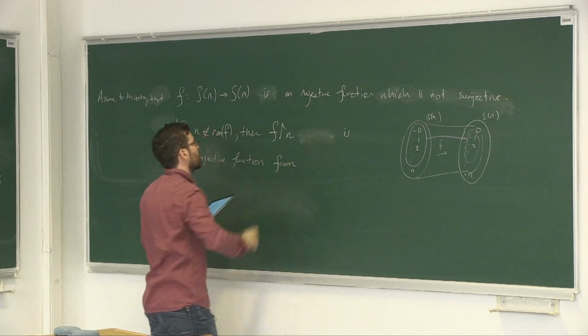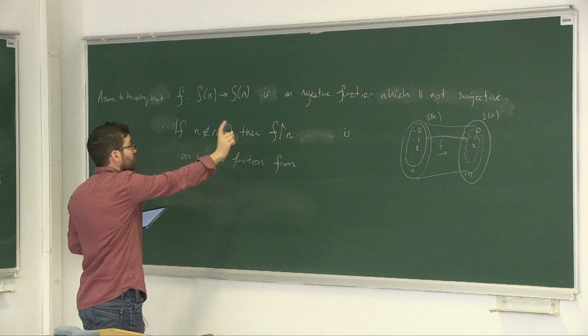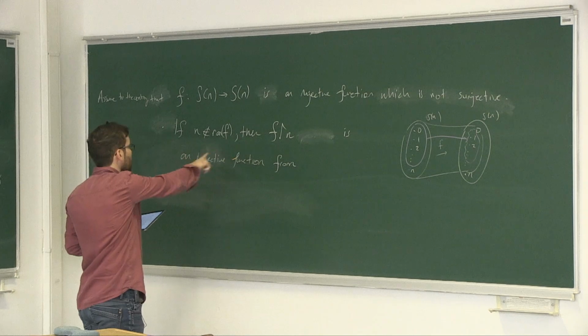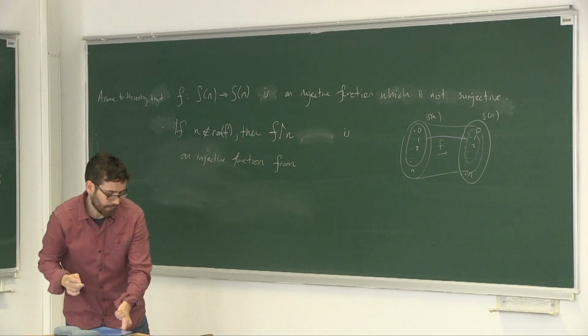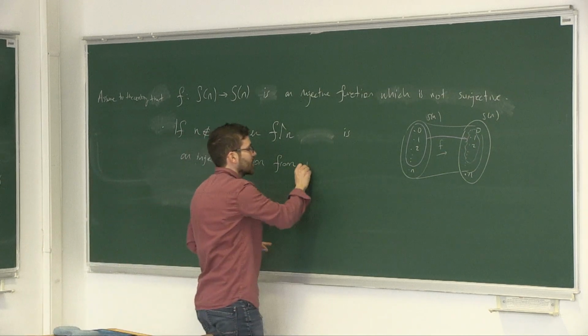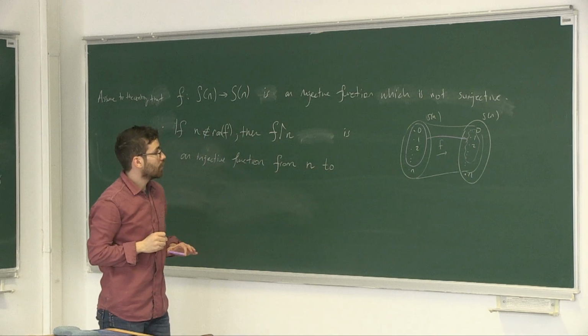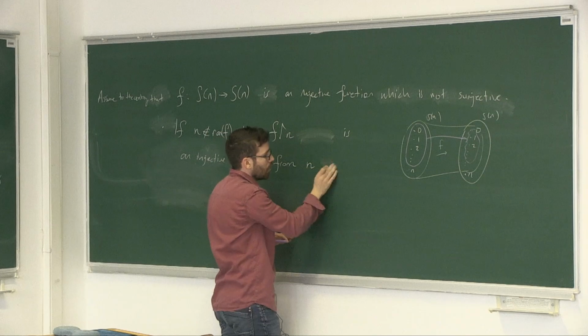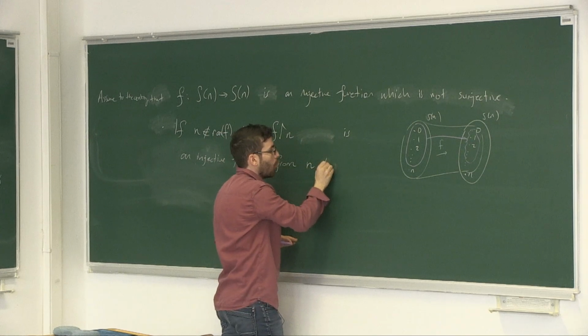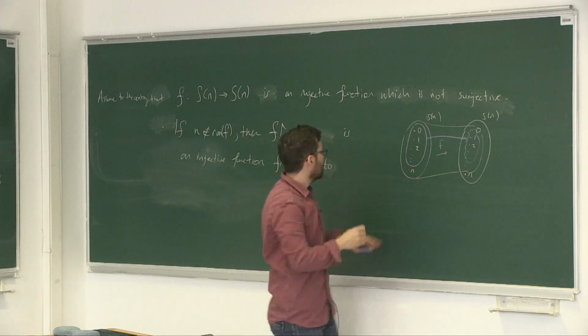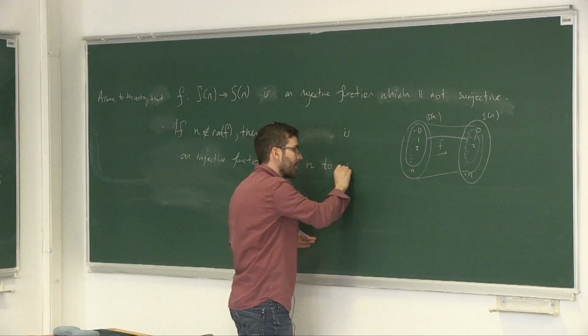Maybe I should erase this because I'm going to change something. So this is an injective function from, okay, what's the domain of this function? It is n. What's the range of this function? Sorry, it's a subset of n.